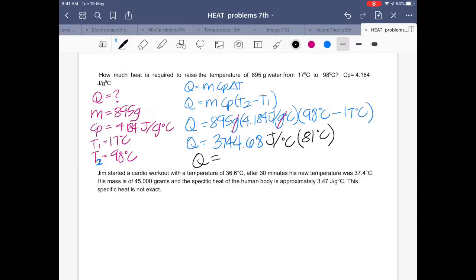So your heat will be equal to 3,744.68 times 81, and it will give you 303,319.08 joules. And then you can change it to calories and kilocalories if I ask for it.